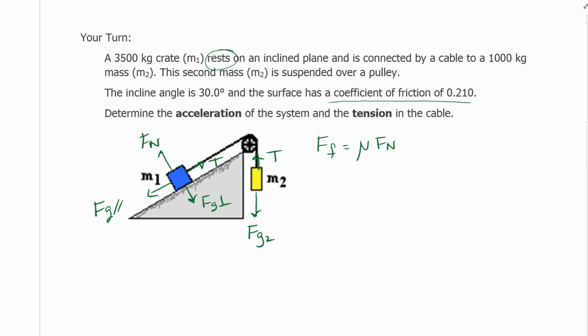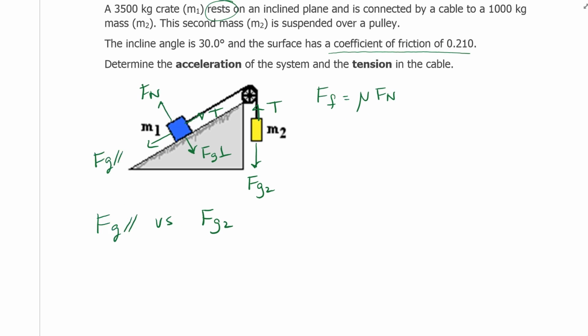Whichever way it's going to accelerate, that's which way it's going to start moving, and then the friction will be opposite the direction of motion. So again, we're going to do this contest here: FG parallel versus force of gravity 2. FG parallel will be m1g sine theta versus m2g.